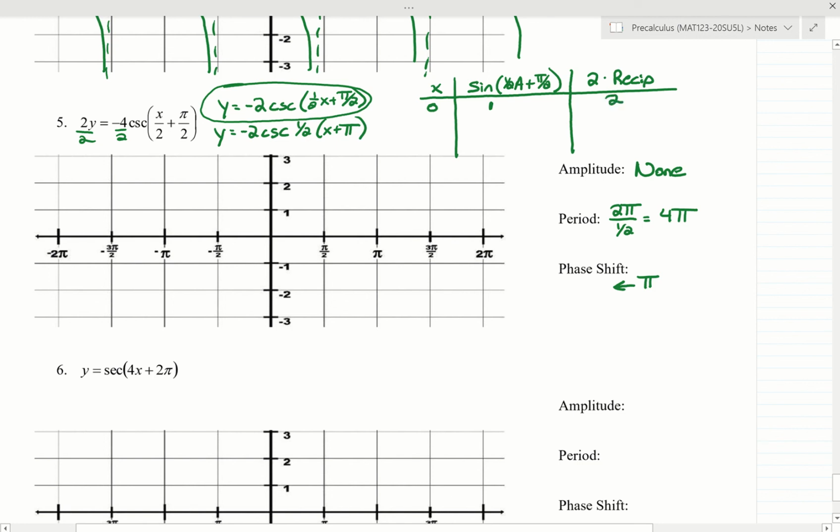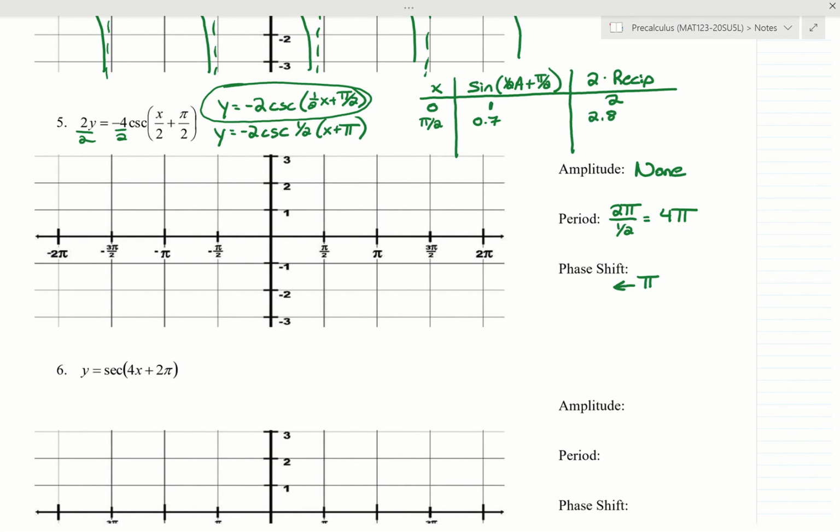Let's try pi over 2 now. Pi over 2, I'm going to store it for a. I'm getting 0.7. So 2 times 1 over 0.7 is 2.8. Let's try pi now. Pi store for a.